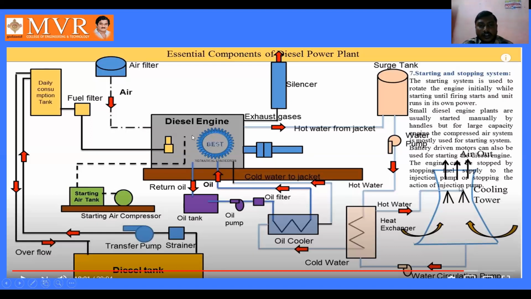This is about the starting and stopping system used in the diesel power plant for starting or stopping the diesel engine. This is about the component, the air compressor, and how we use it in the diesel engine.